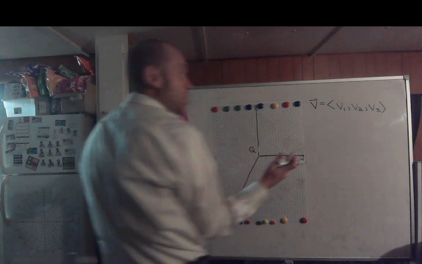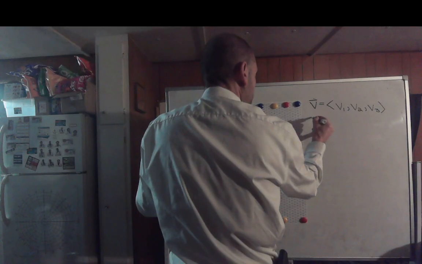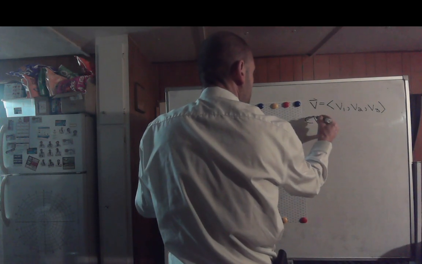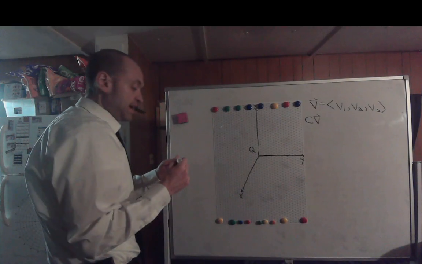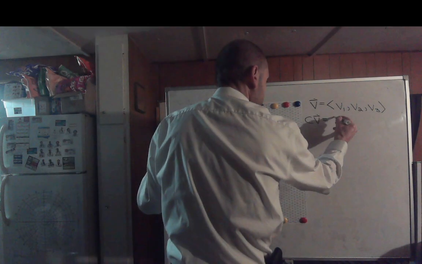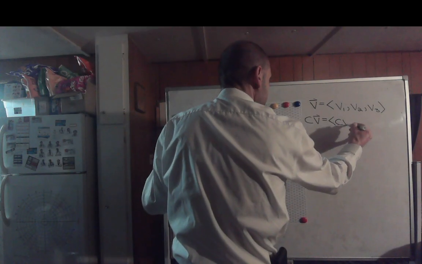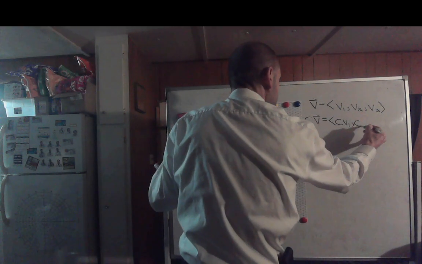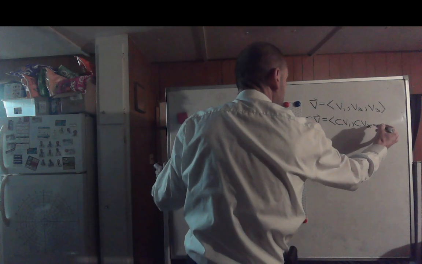That'll be my regular vector v. Well, if we remember about scalar multiplication, I just have some constant c outside the vector. I can distribute that constant through my components. So this would just end up as c times v sub 1, c times v sub 2, and c times v sub 3.